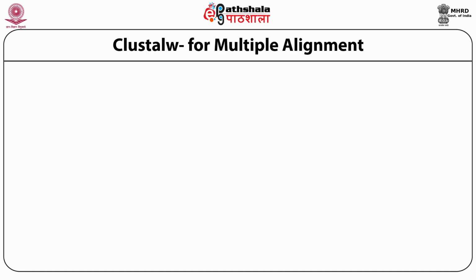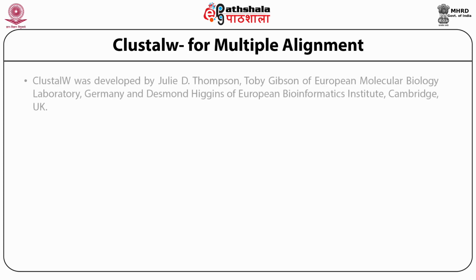So let's see one example, that is CLUSTAL-W, which is more frequently used by many researchers. CLUSTAL-W was developed by Julie D. Thompson, Toby Gibson from the EMBL and Desmond Higgins from the European Bioinformatics Institute.